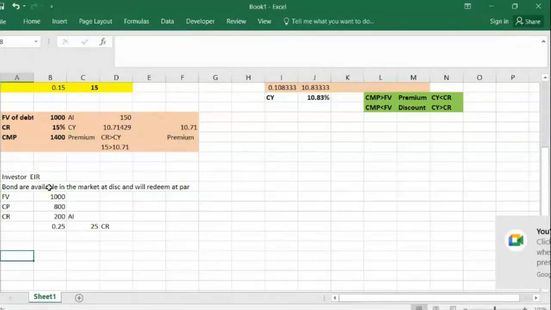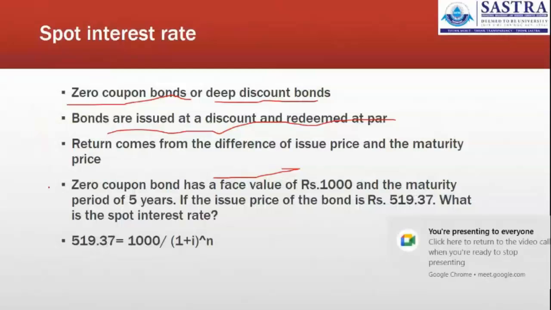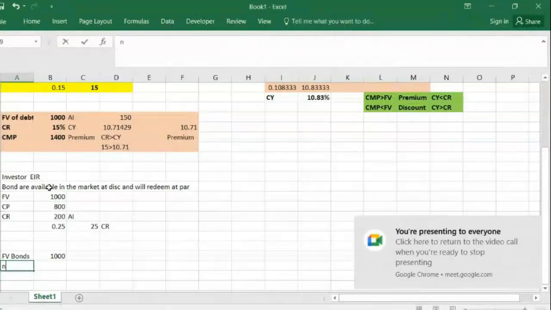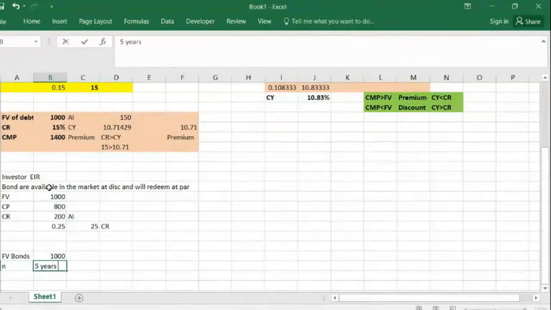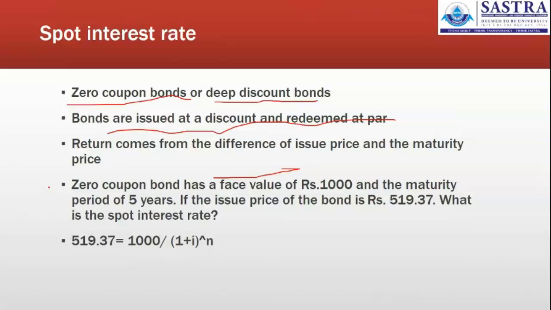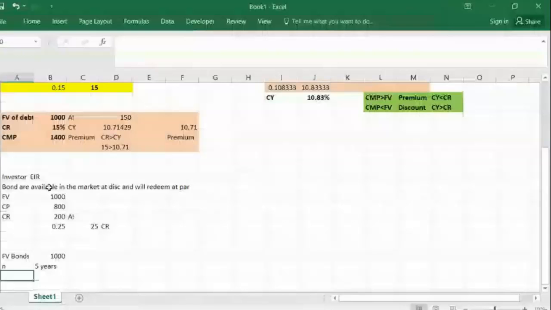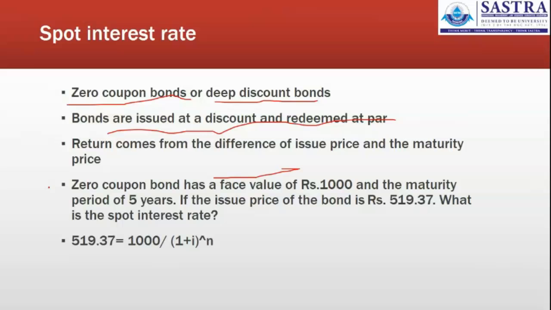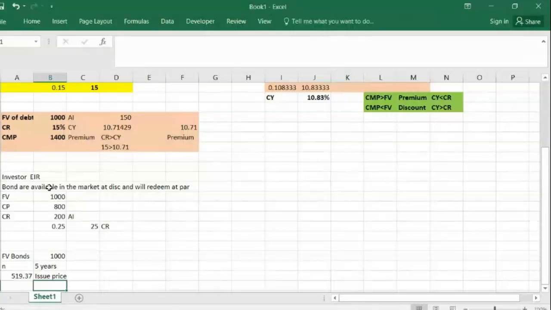You can take the face value of the bonds in the market as 1000 rupees, and the maturity period is 5 years, and the issue price of the bond is 519.37. And what is the spot interest rate?